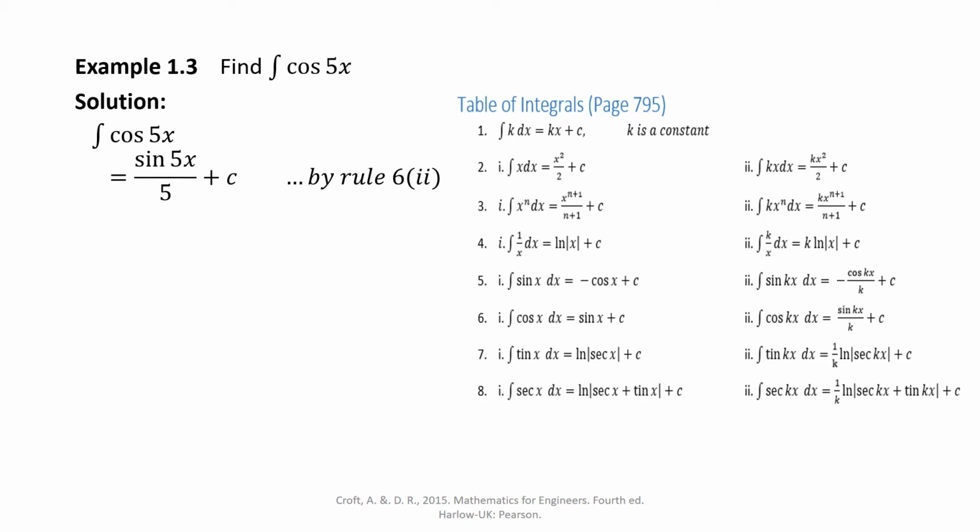So the integral of cosine of kx dx equals sine of kx by k. Cos is converted into sine, and it will be divided by k, which is 5. So this is the integral.